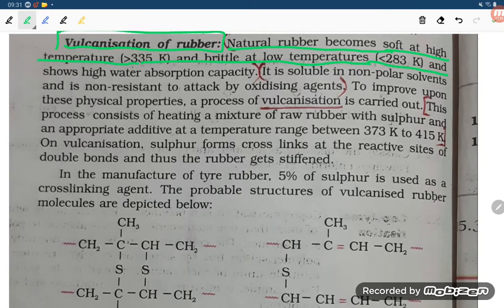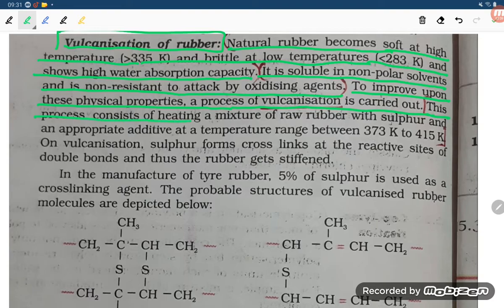It also has high water absorption capacity. It is soluble in non-polar solvents and is non-resistant to attack by oxidizing agents. To improve upon these physical properties, a process of vulcanization is carried out.